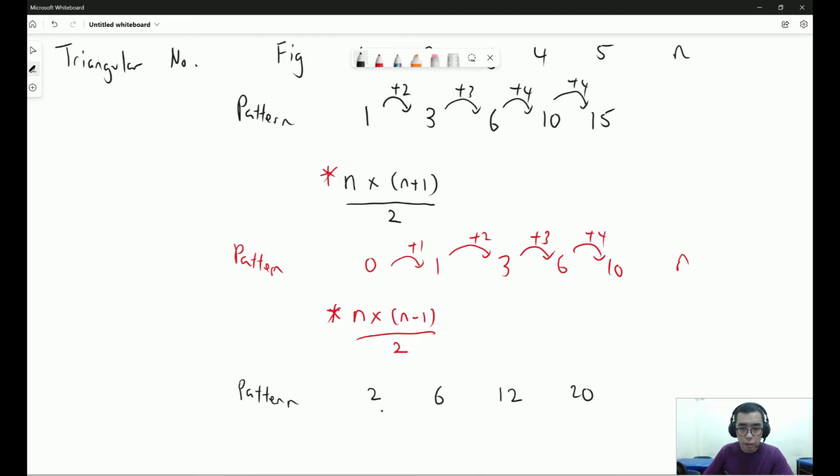For this, you will use n times (n plus 1). Let's try. If it's figure 1, 1 times (1 plus 1) gives me 2. So 1 times 2 gives me 2. If we are doing figure 3, 3 times (3 plus 1) gives me 4, so 3 times 4 gives me 12.